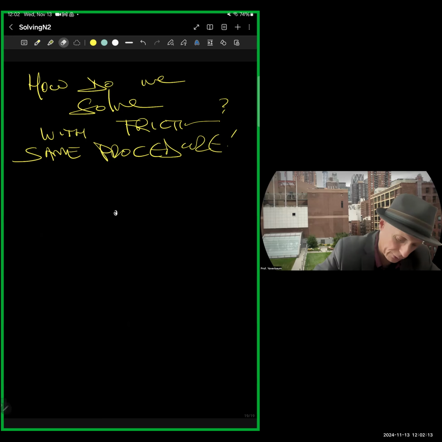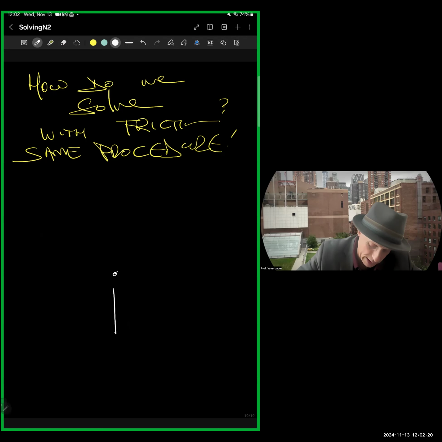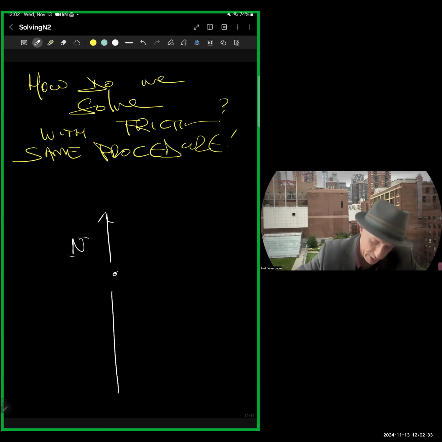So I'm going to skip straight now to the component free body diagram that we now have. In other words, we still have mg. We still have the normal force of the table. We still have the upward force of the string.